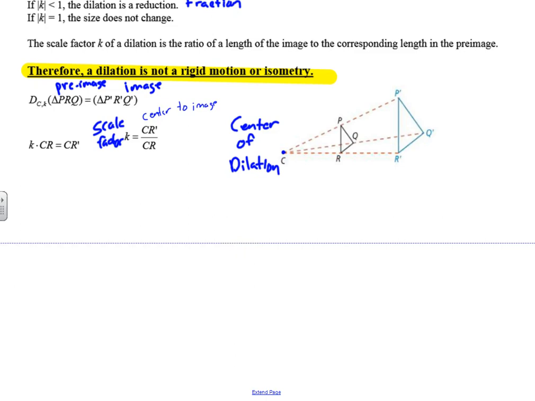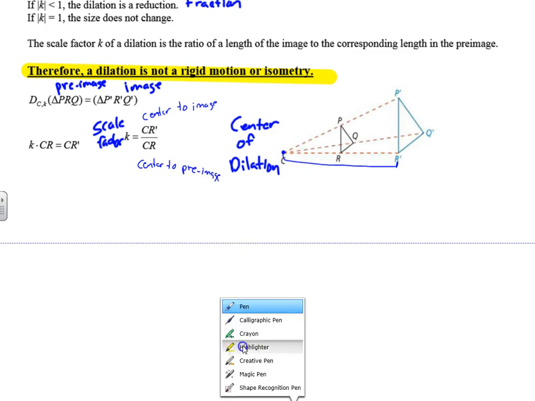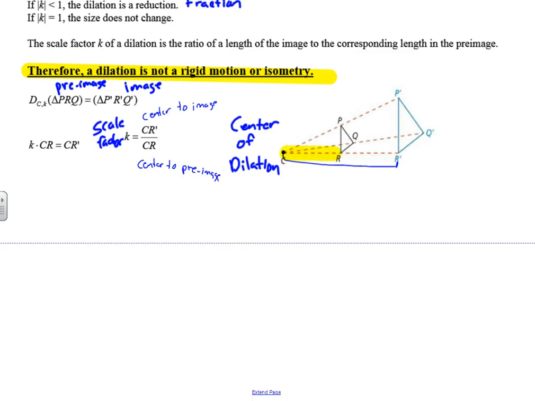So from C to R prime, divided by the distance from the center to the pre-image, the starting point, which is this distance right here.